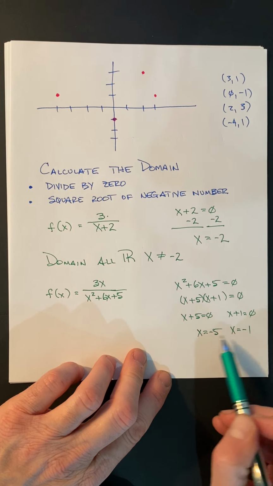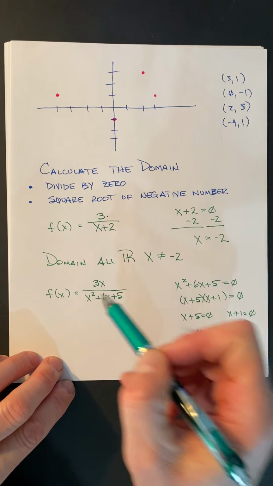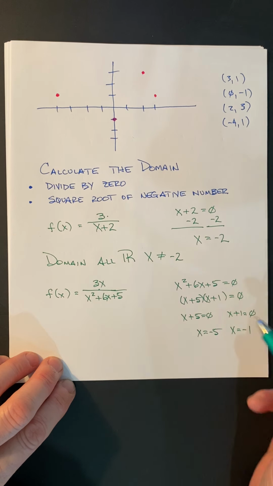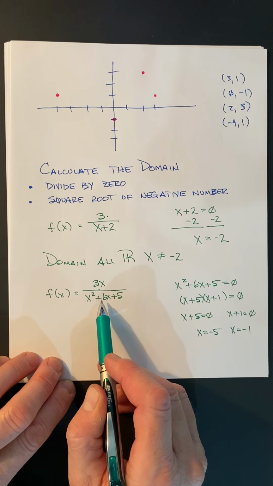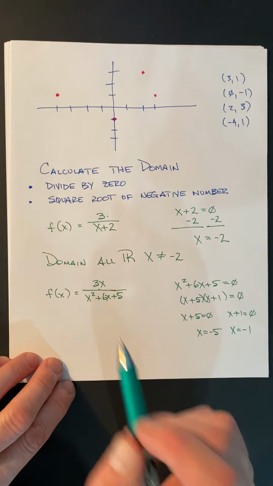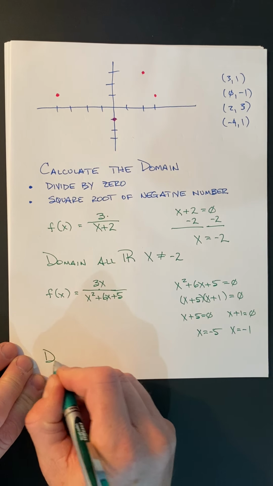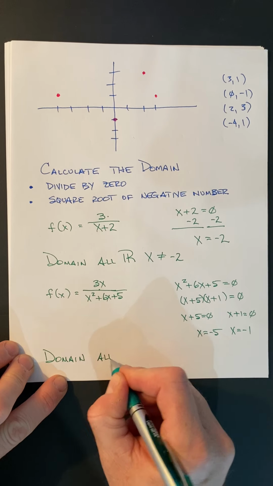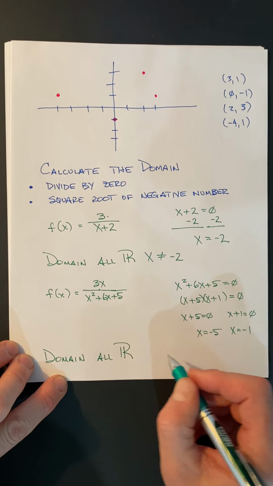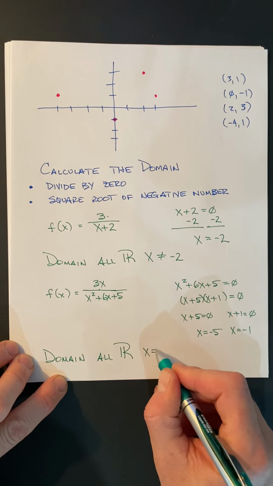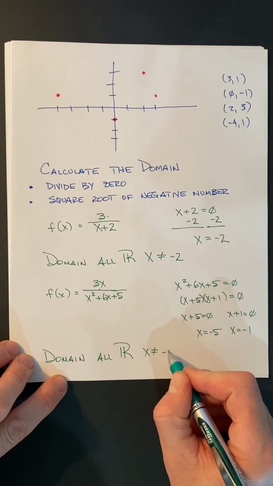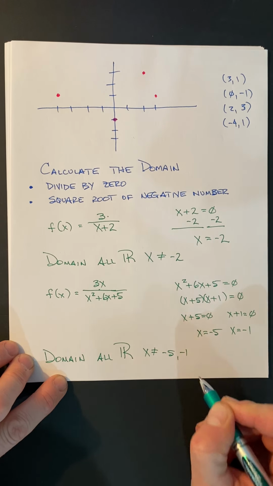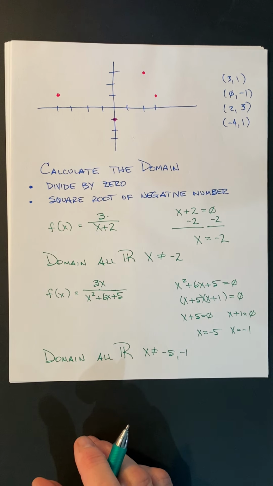So these are the values that when they're input into my function make 0 in the denominator, which of course I can't have. So my domain then becomes all real numbers, x not equal to minus 5 or minus 1, okay?